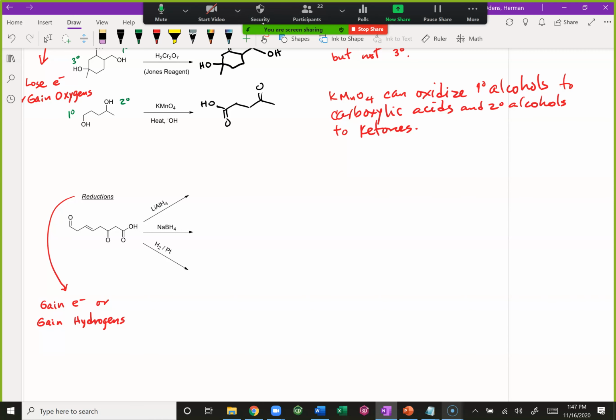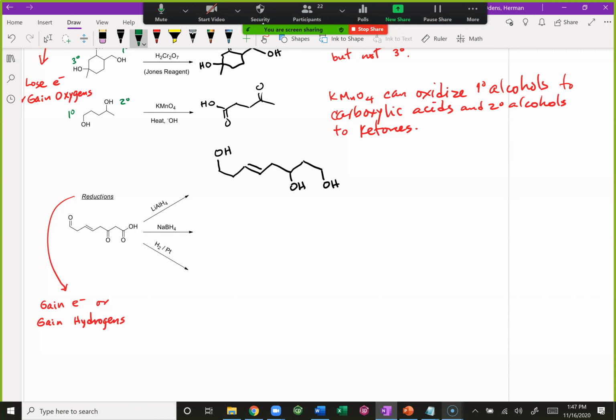But the double bond, it will not touch it. It cannot do it. So we have 8 carbons. The aldehyde will be converted into a primary alcohol, the ketone into a secondary alcohol, and the carboxylic acid into a primary alcohol, and the double bond will stay intact.